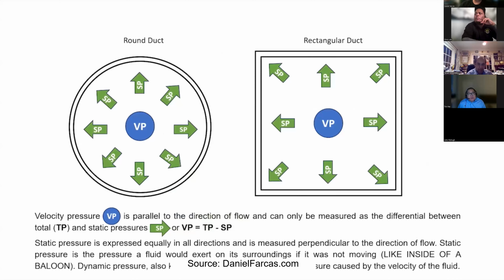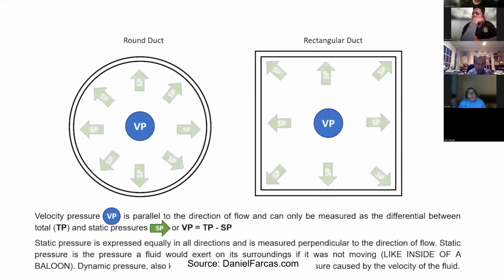Velocity pressure is parallel to the direction of flow and can only be measured as the differential between total pressure and static pressure. Static pressure is expressed equally in all directions and is measured perpendicular to the direction of flow.